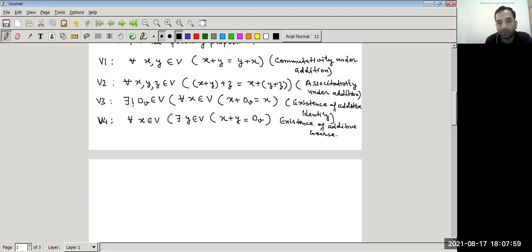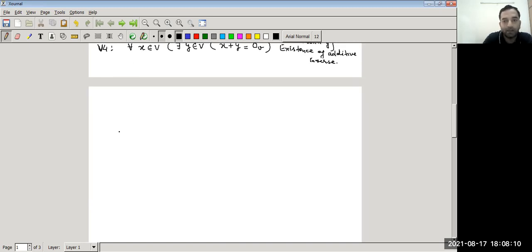So we can replace y by minus x. So we can say minus x is the additive inverse of x. So these are the first 4 properties under addition.